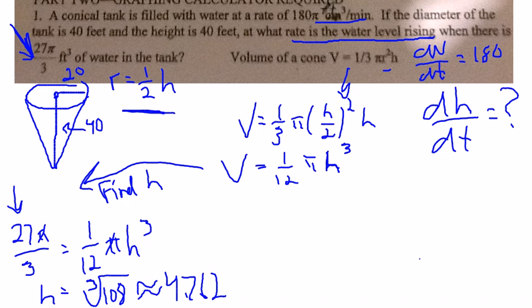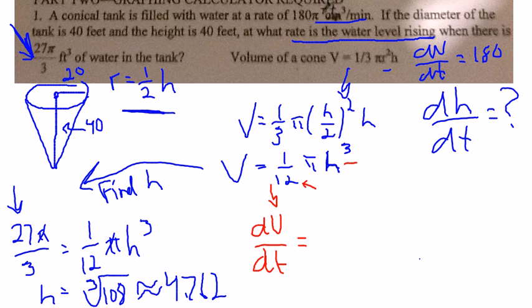So maybe I'll change colors. So here I want to derive with respect to t. That gives me dV/dt. There's no power on that. I'm just deriving the left-hand side, that single variable, with respect to t, equals, I get the power rule on the h, that's 3 times h squared, but I'm going to multiply it by this guy at the same time.